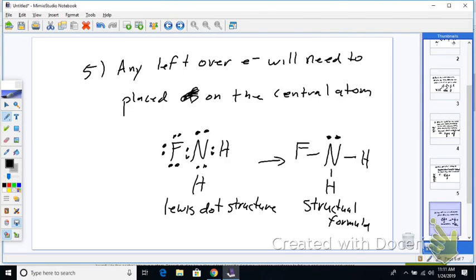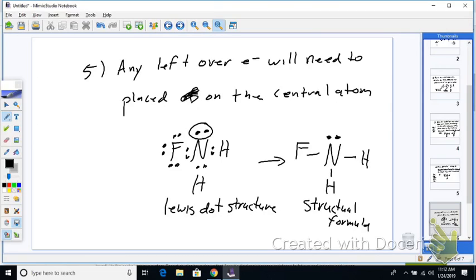That central atom gets 2 electrons, or a pair. So those 2 electrons go right here. Anything left over, 2 electrons in this example, will go on the central atom.